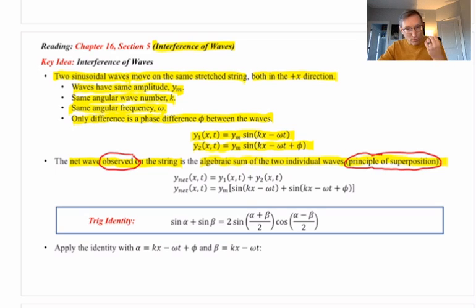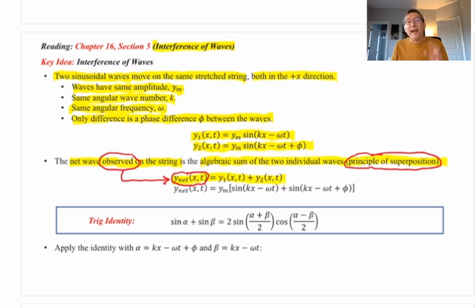Algebraic sum with symbols. So I'm going to show you how to do the algebraic sum of those two functions, y1 and y2. Okay, here we go. y net of x and t. That's the thing that you will actually observe on the string, that function y net.